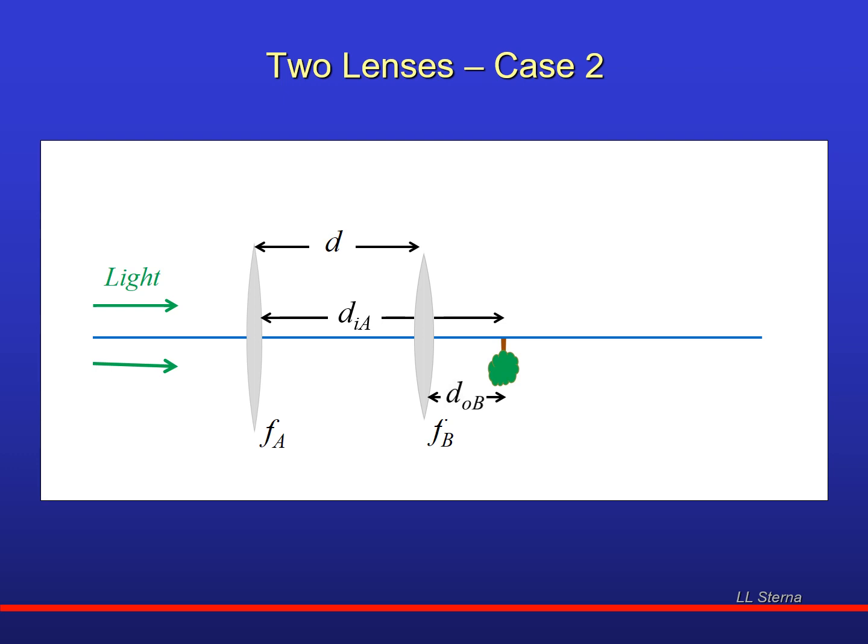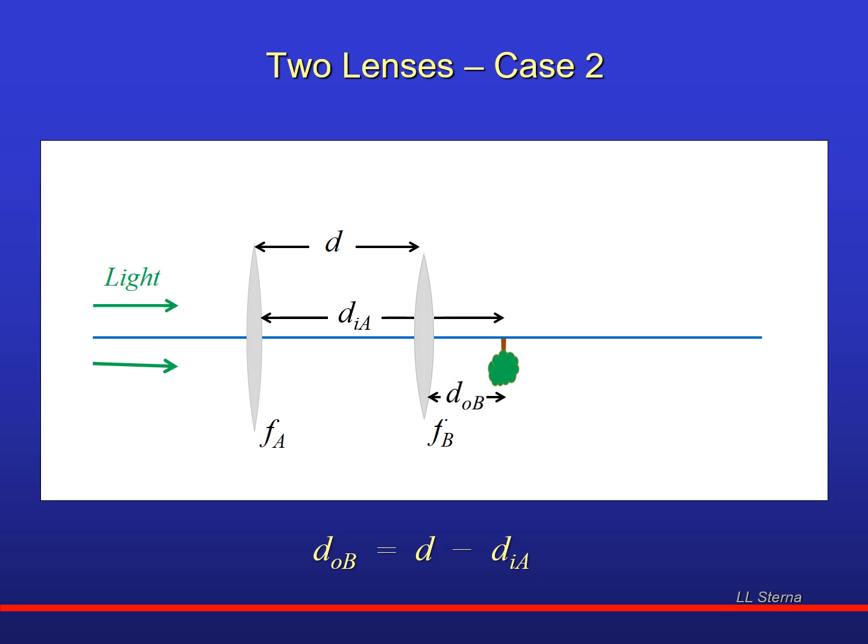For the lens, if the object is in front, it's a positive D sub O. If the object is after the lens, it's a negative D sub O. So D sub OB is a negative value. Therefore, the answer is not D sub IA minus D, it's the negative of that. It's D minus D sub IA gives you D sub OB, which, if D is smaller than D sub IA, will be a negative number.